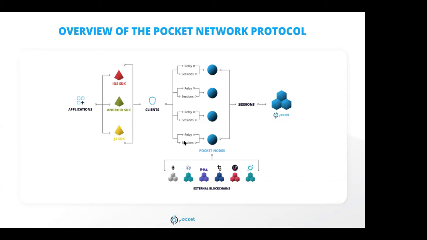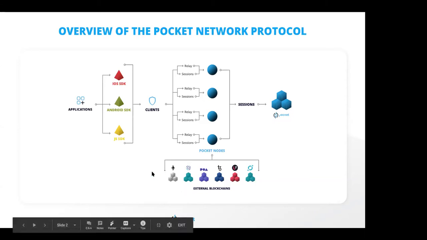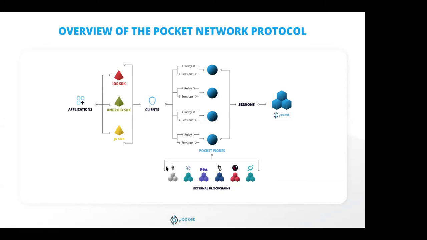So what's going to end up happening is that these nodes that are paired with these applications are going to serve any blockchain that the application requested, in an even manner. Meaning, if the application requested 1 million relays, each node is going to serve up to 200,000 relays during that hour.